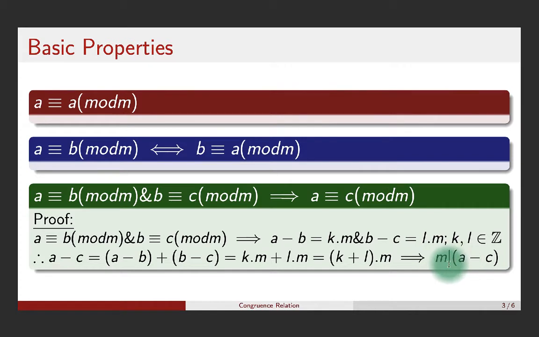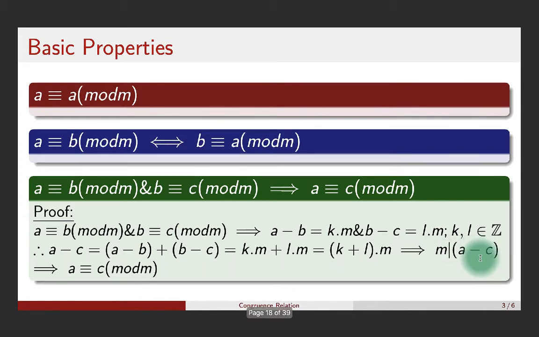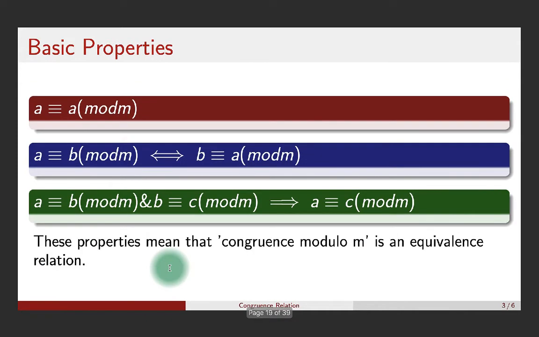That is, m divides a minus c, so that a is congruent to c modulo m. These properties imply that the relation congruence modulo m is an equivalence relation, since it is reflexive, symmetric and transitive.